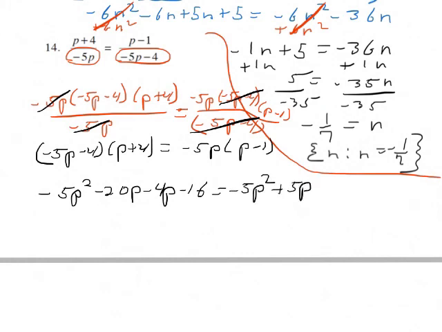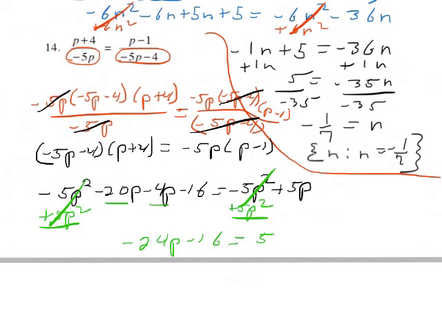And again, I'm going to get excited. Why? Well, hopefully you see as I do, when you add this 5p squared to both sides, they subtract out. That's pretty awesome. So that means I do not have to solve a quadratic equation. I am going to solve a linear equation. So let's see, we can add these like terms together, so that gives us negative 24p minus 16 equals a 5p.